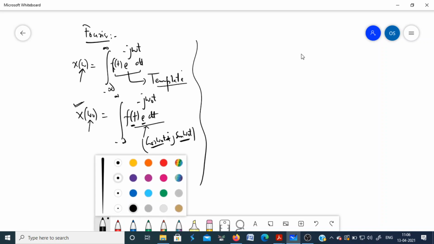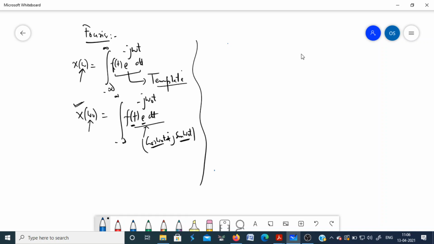Let us suppose you take a signal in time t, a signal like this, and you want to find its Fourier transform.